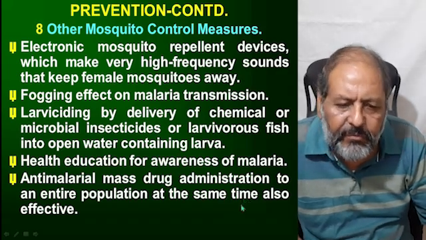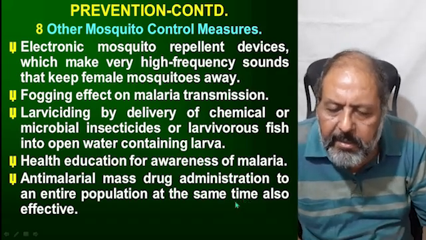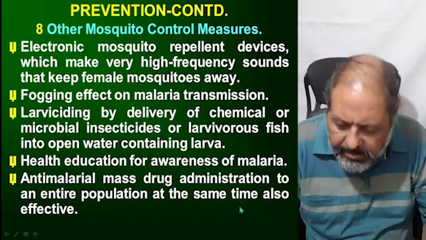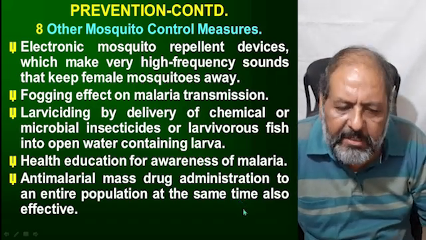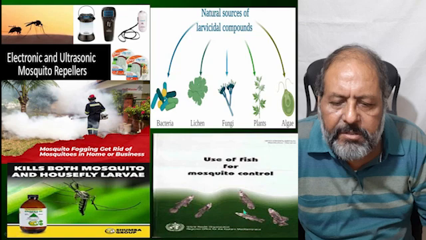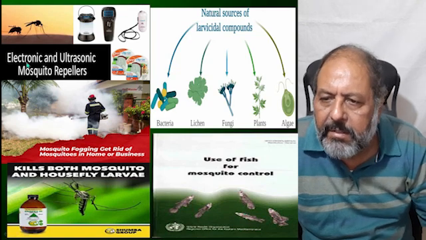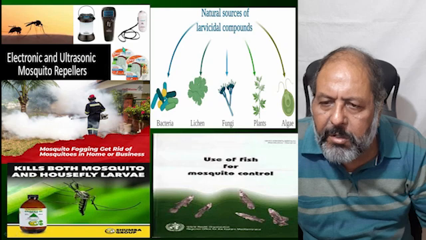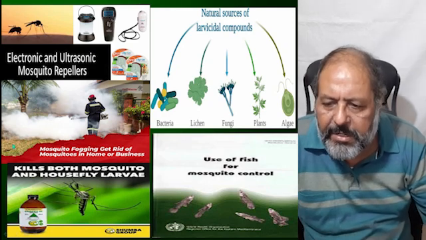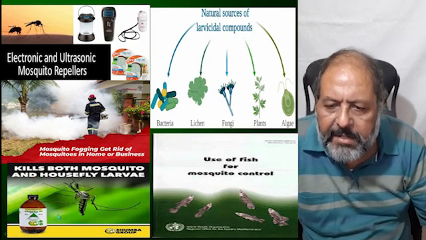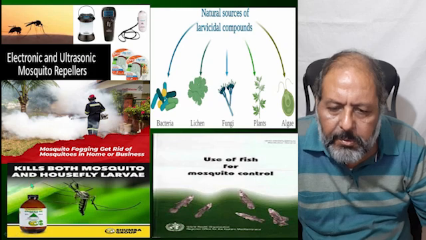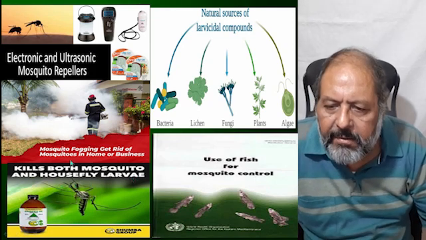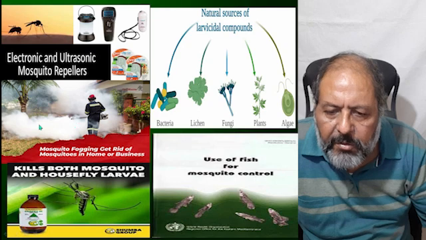Health education for the awareness of the malaria and anti-malarial mass drug administration to the entire population at the same time is also effective. That is, electronic and ultrasonic mosquito repellers are being used, and that is, it kills both mosquito and housefly larva, that is mosquito fogging.